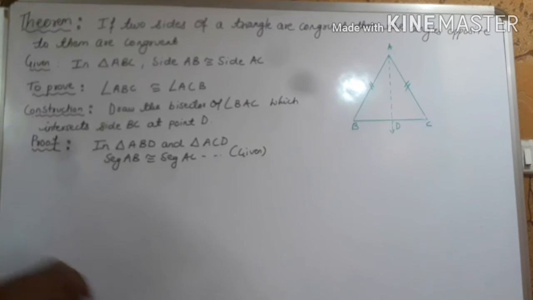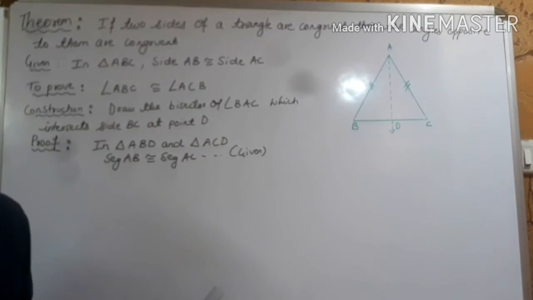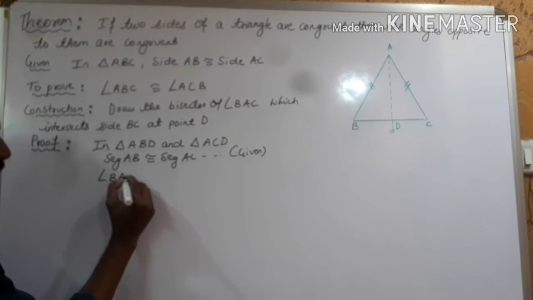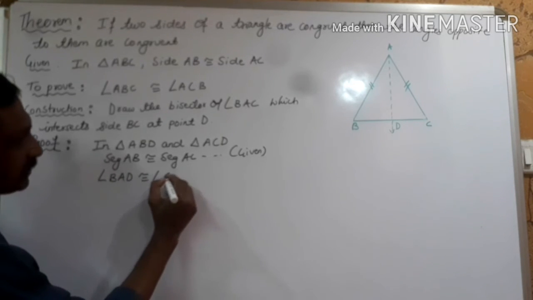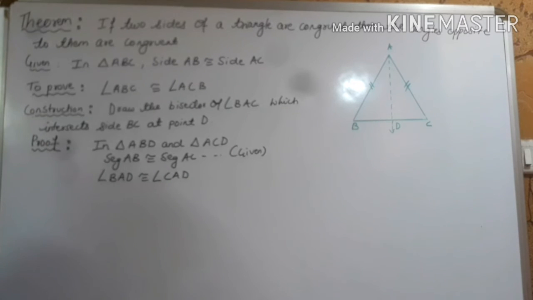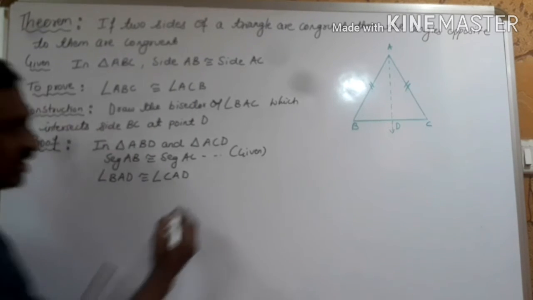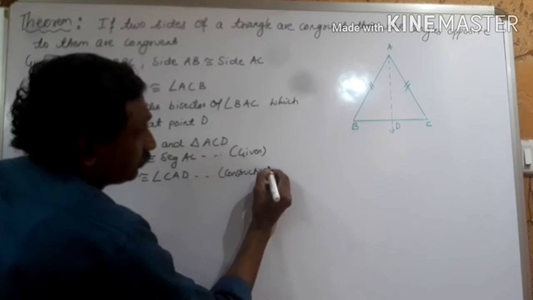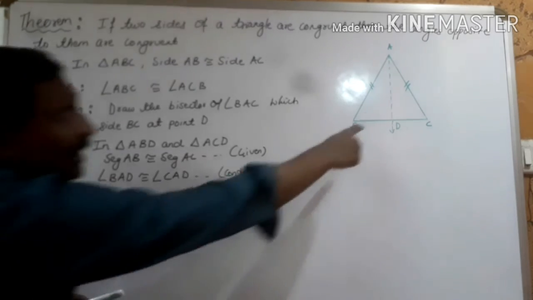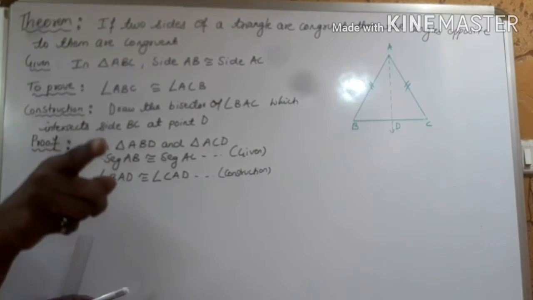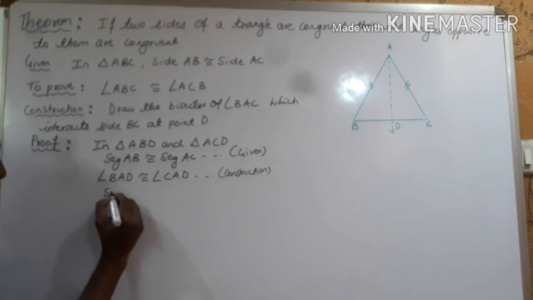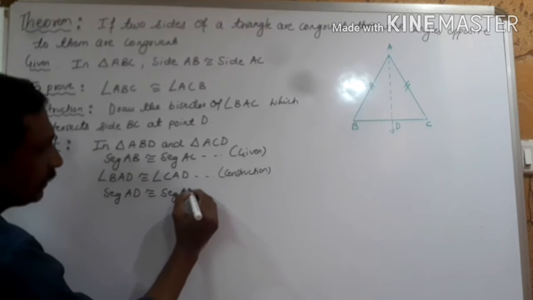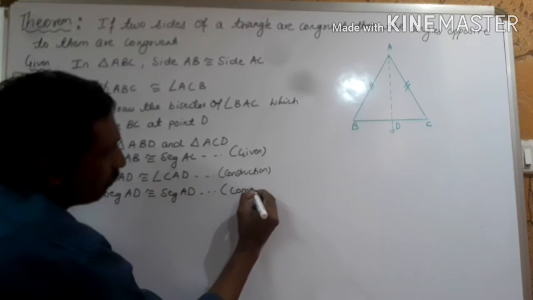Then angle BAD congruent to angle CAD. How did we get this? By construction. Okay. Now look at AD. Segment AD congruent to segment AD, common side.